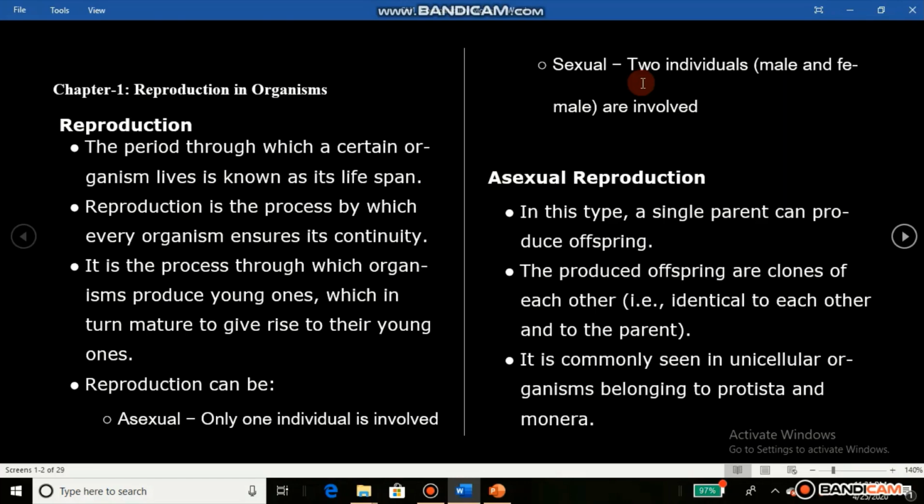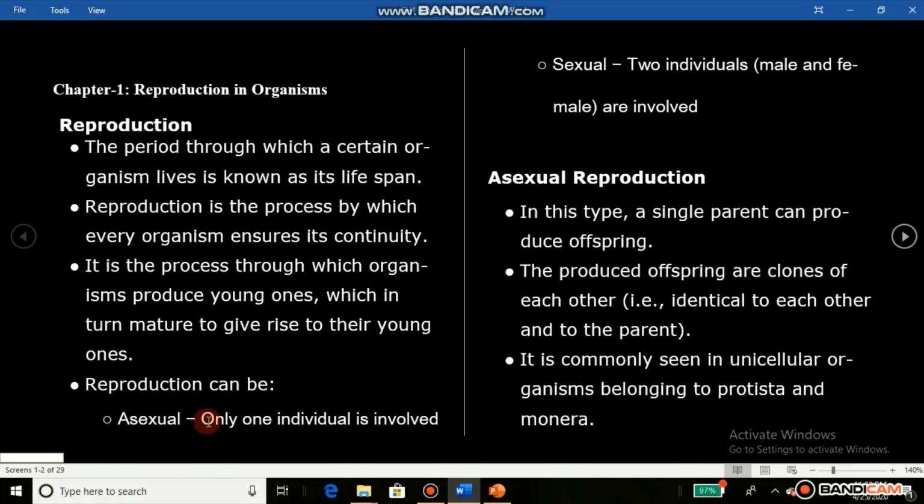Here in sexual mode of reproduction, the characters come from the male as well as the female, so the offspring has new characters. But in asexual mode of reproduction, only one parent is involved.